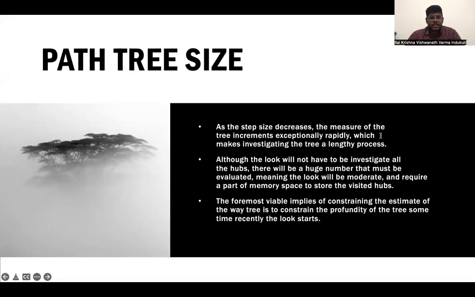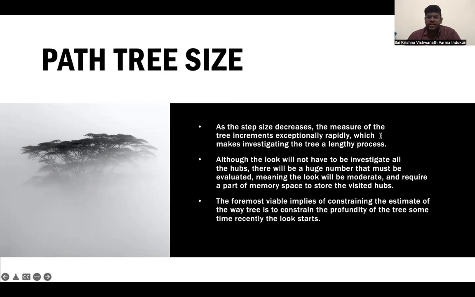And path size trees. A significant issue with searching the path tree is the size of the tree. As the step size decreases, the size of the tree increases very rapidly, which makes exploring the tree a lengthy process. The total path tree has a size of 3^T, where T is the number of levels in the tree.